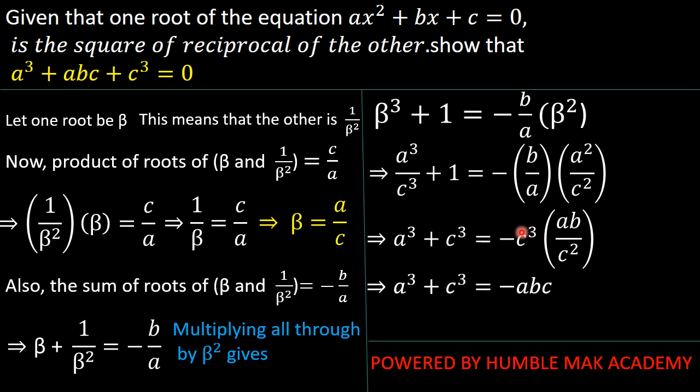So we are simply going to have a cube plus c cube, which is the same as negative abc. So now if we send negative abc inside, the sign here is negative, so if it comes inside, the sign becomes positive. So we are simply going to have our proving out: a cube plus abc plus c cube equal to 0.